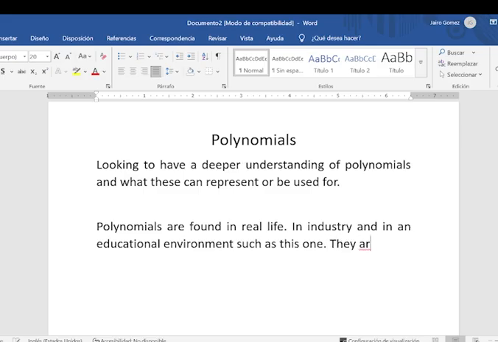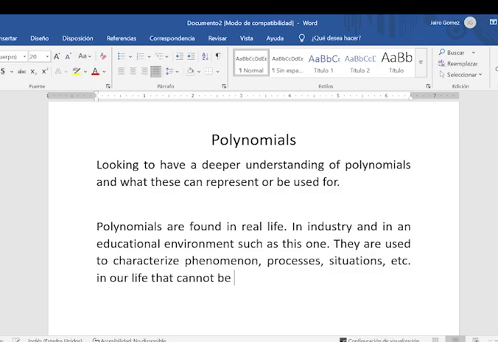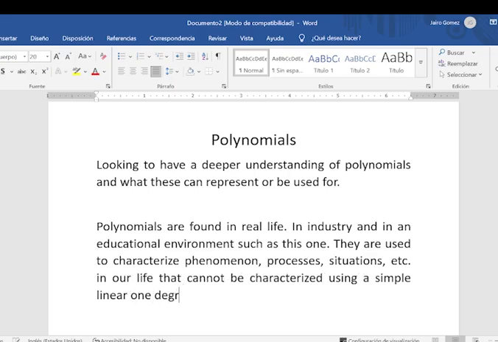They are used to characterize phenomena, processes, situations, etc. in our life that cannot be characterized using a simple linear 1-degree equation.